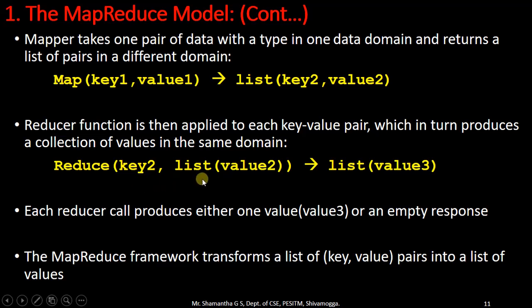The list is the occurrences of Kutuzov or Petersburg, and this is going to give the list of value 3. Value 3 is the actual value that is required by combining the output of the mapper function and reducer function. Each reducer call produces either one value, many, or an empty response. The MapReduce framework transforms a list of key value pairs into a list of values.